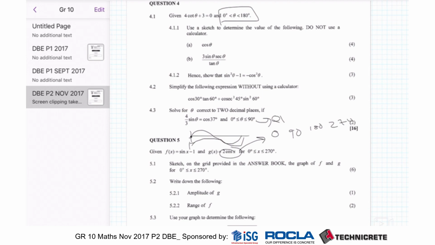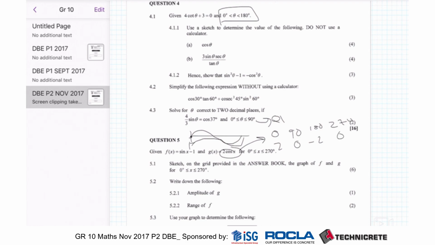Okay, so put that into your calculator. So 2 cos of 0 is 2, 2 cos of 90 is 0, 2 cos of 180 is negative 2, and 2 cos of 270 is 0.